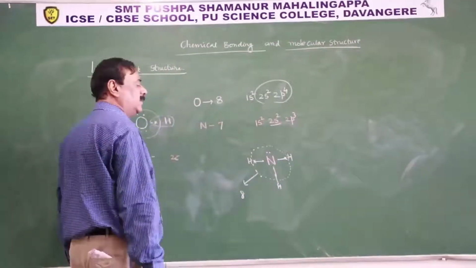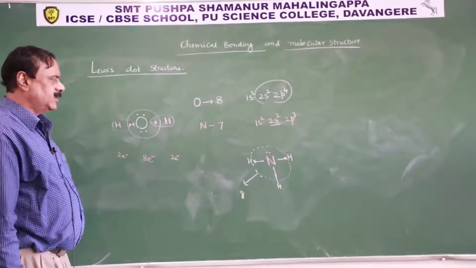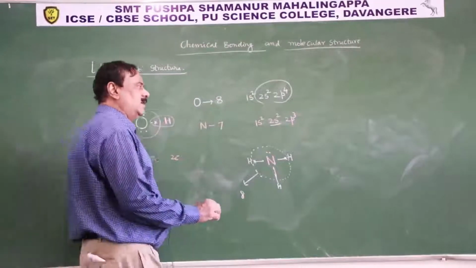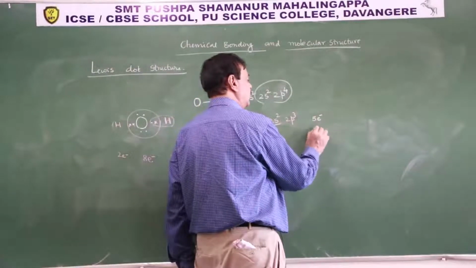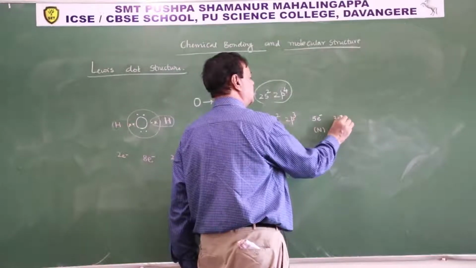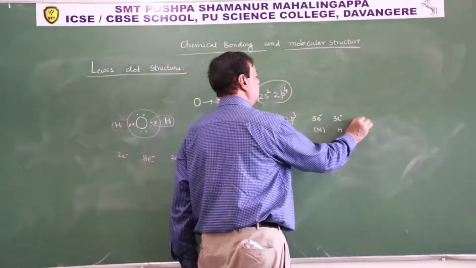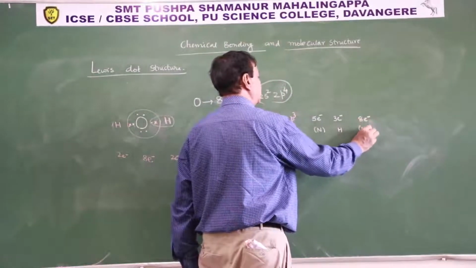Therefore, 3 covalent chemical bonds are formed, that shares 3 electrons. Nitrogen has 5 valence electrons. They share 3 electrons with the hydrogens. The total number of electrons will be 8 electrons in ammonia.